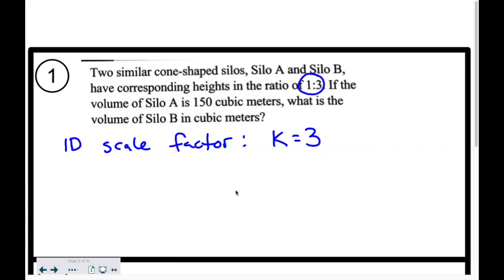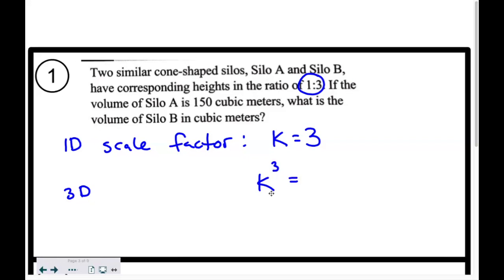Now, if I want to jump to volume, which is 3D, what we're going to multiply by is not the scale factor anymore. We're going to multiply by the scale factor cubed because we're now in 3 dimensions. So volume is really our only example of something in 3 dimensions.